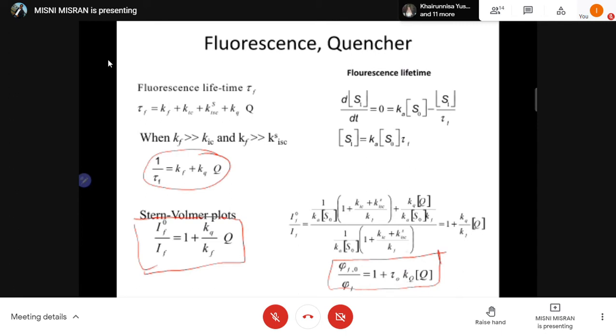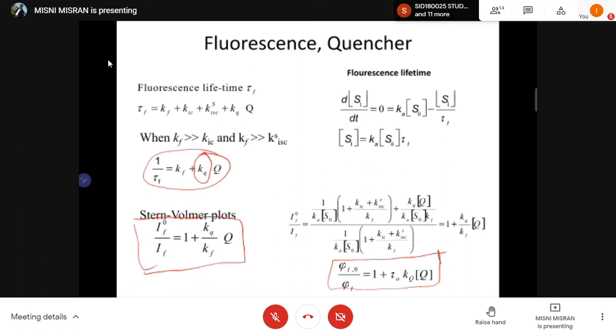If you have the fluorescence lifetime, you can get KQ over here. So for Stern-Volmer, you can get KQ over here, for instance, for this equation.